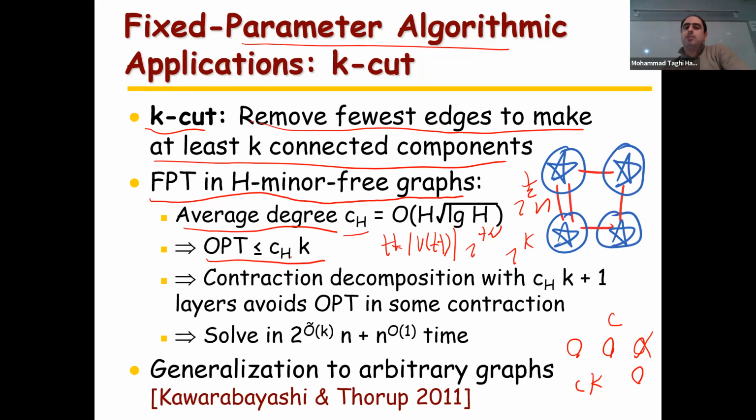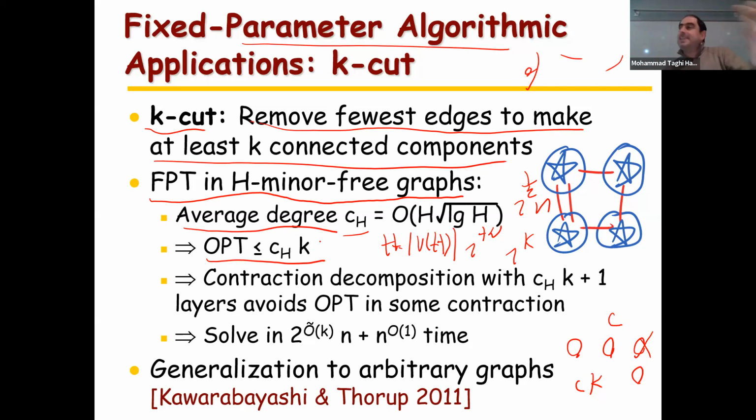Because you want to make it into K connected components, correct? You know that the average degree is at most C of H. So consider one vertex at a time: consider the vertex of minimum degree and cut all the edges there. If you do K of these cuts, you will pay at most C of H times K and you have K connected components. Actually, if you do K minus one of them, you will get that.